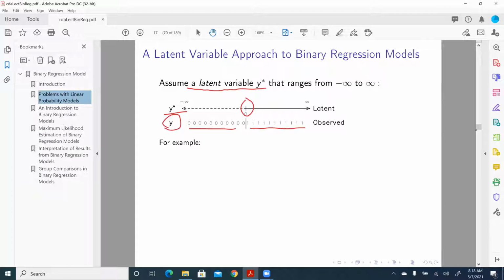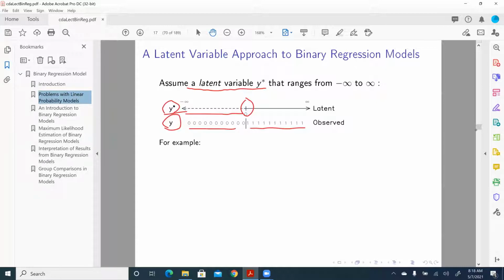And let's say for y star from negative infinity to 0, or that threshold, later on we will learn that, we observe y to be 0. Note that y star is an unobserved latent variable. So it is unobserved. We only assume its existence.